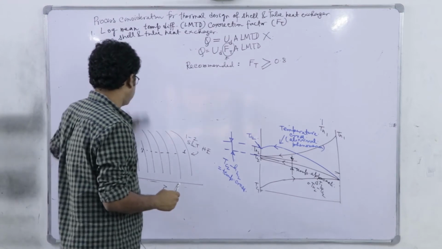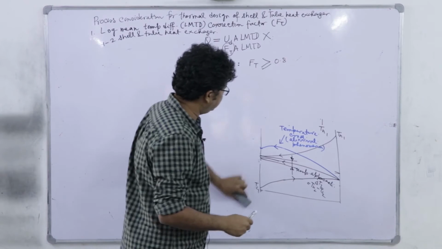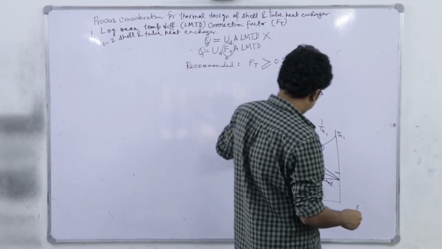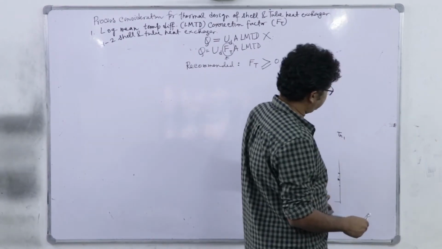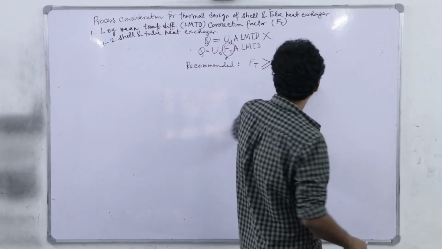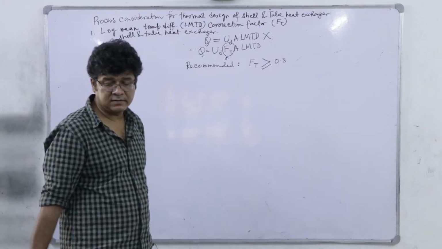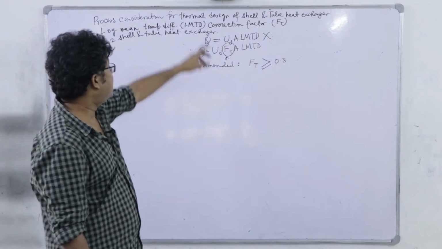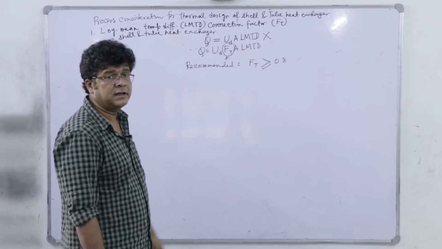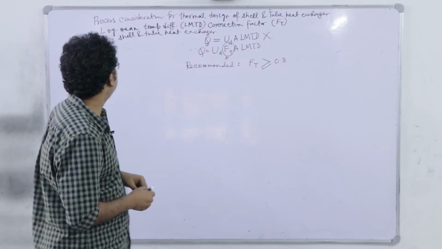It is a thumb rule arising out of experience: if we go for a higher number of passes for the sake of increasing U, we should keep in mind that Ft should always be greater than or equal to 0.8, and accordingly we have to adjust the number of passes.